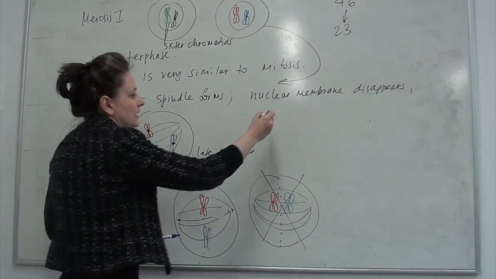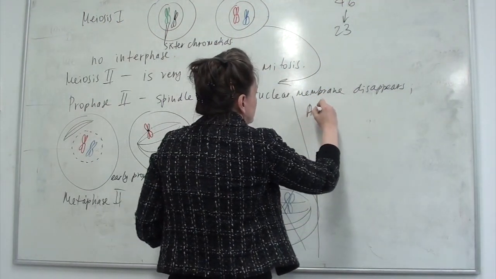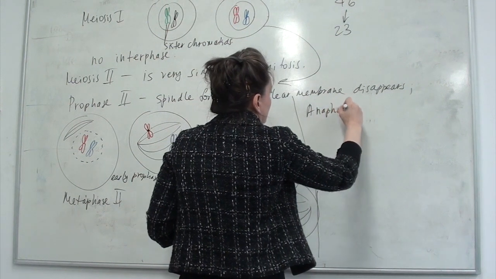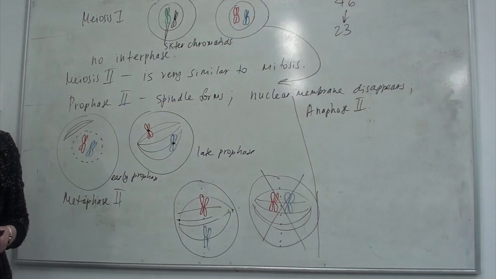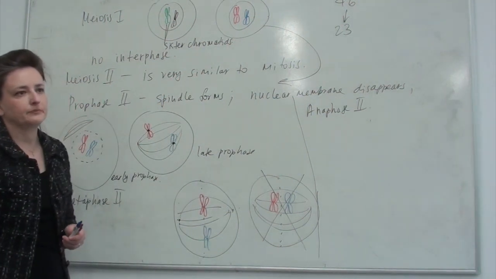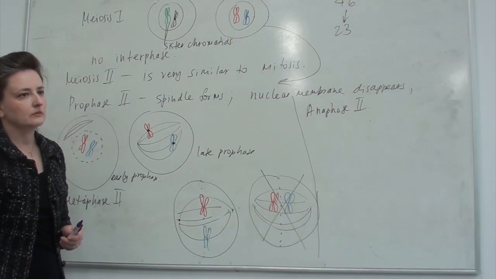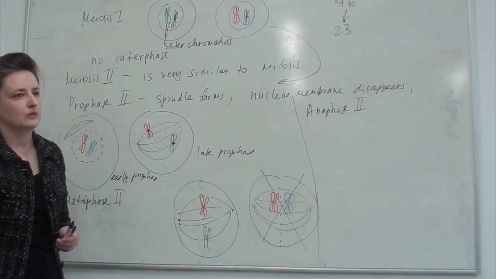Right, so next stage, anaphase 2. What would you normally expect to be happening in anaphase 2? And you remember, it's very similar to mitosis. They start moving towards the poles. So when you say they, what is starting to move?